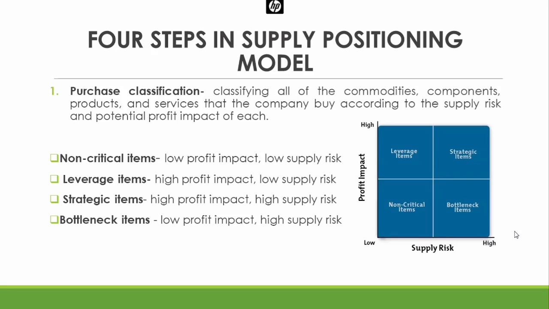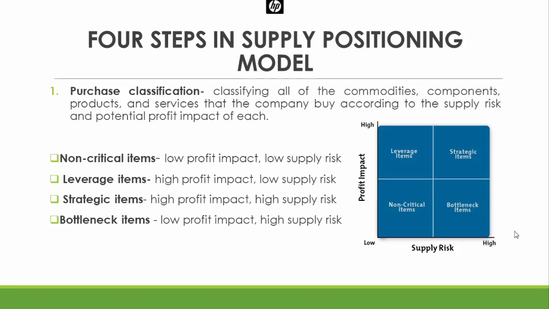But before that, as you can see, this matrix consists of 4 quadrants, and there are 2 parameters. The y-axis and x-axis. Kasi di ba in any product or service na pinoprocure have certain characteristic, and magbe-base tayo doon sa dalawang parameters na yon.